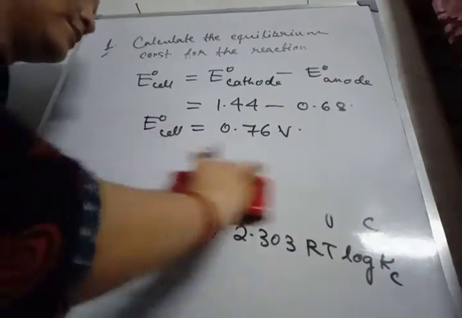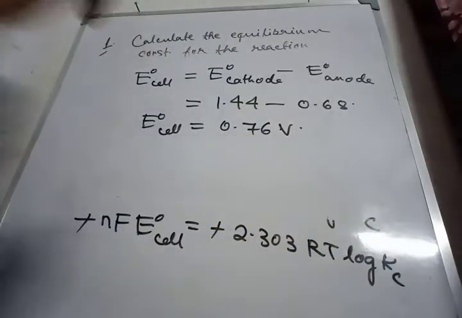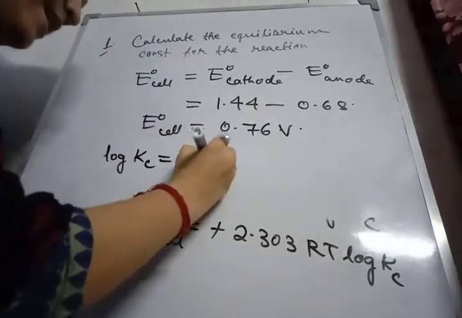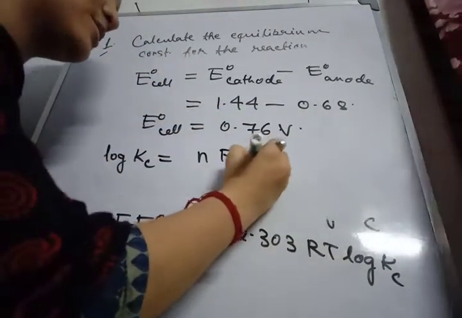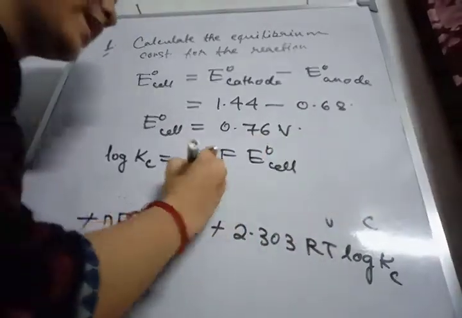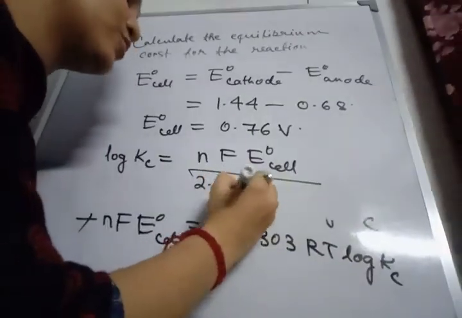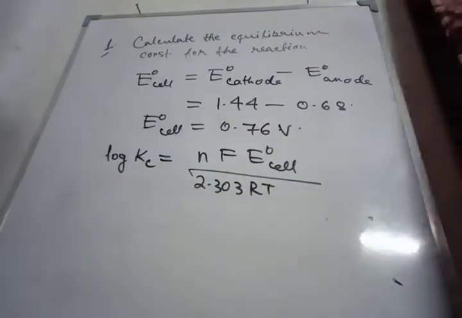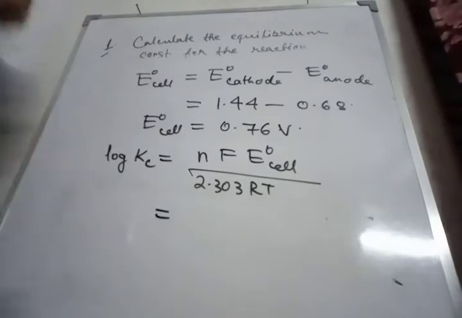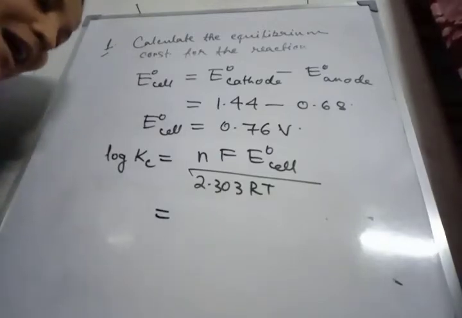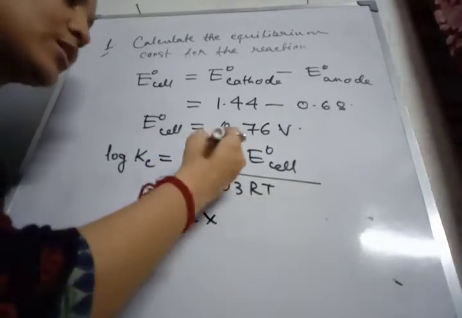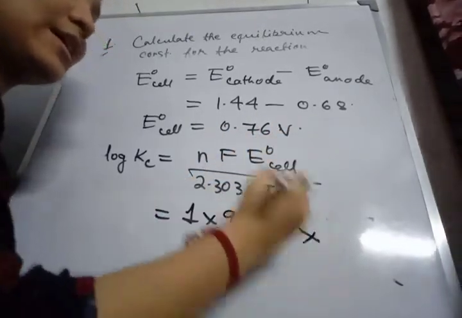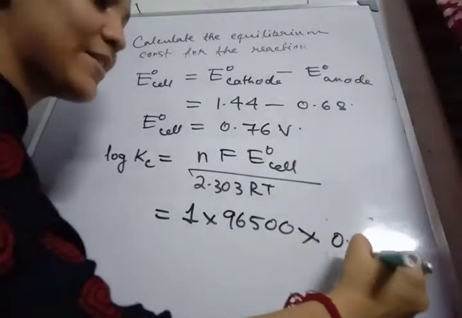So what can I write? log Kc equals nFE0 cell divided by 2.303 RT. n, the number of electrons involved over here, is how many? We have one electron involved. F is 96500. E0 cell is 0.76 volt.